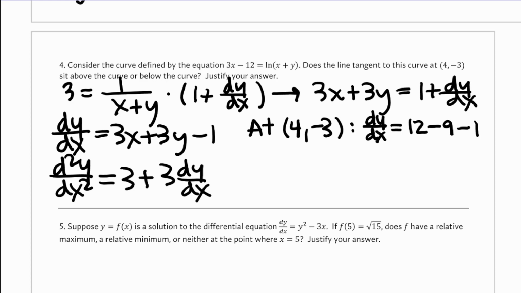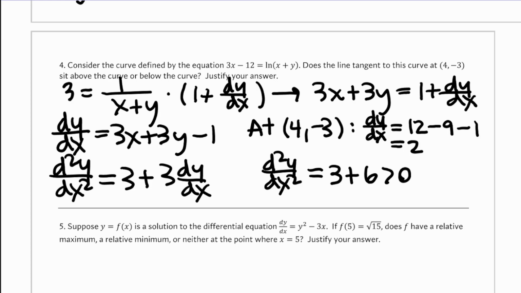Okay, so that's going to be 2. And then the second derivative is going to be equal to 3 plus 3 times 2, and that's a positive number. So since the curve is concave up, the tangent line sits below.